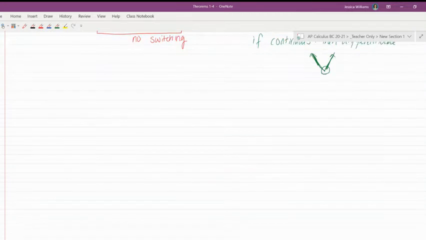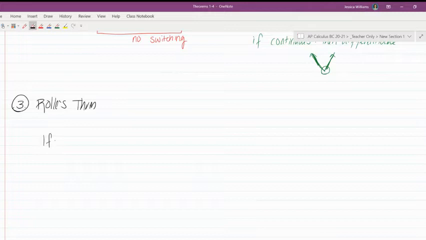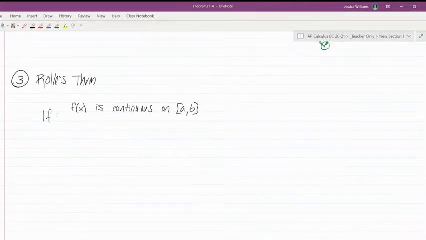Okay, now to the main event. Number 3 is Rolle's theorem. Rolle's theorem has 3 conditions that you have to meet. So if, and we're going to write them all out, and we're going to write them out properly. Here we go. If a function f of x is, let's do this one first, continuous on [A, B], so closed interval between A and B, it's continuous.